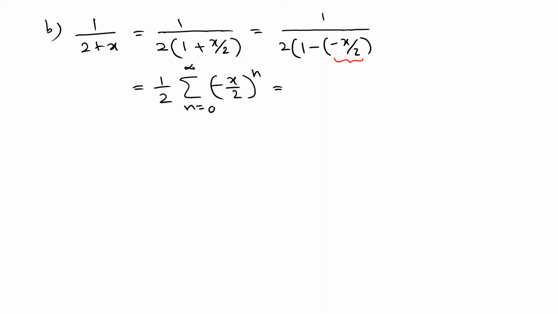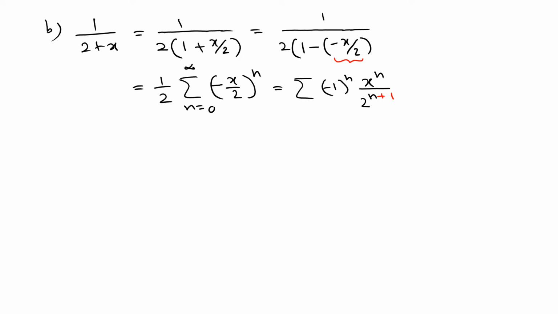So this is sigma, we have negative 1 to the n, and then we have x to the n, and also 2 to the n. But you can see there's a 1/2 outside. That means you can bring it inside, so it's going to be n plus 1, because there was a 2 outside. Good. So that's the final answer.